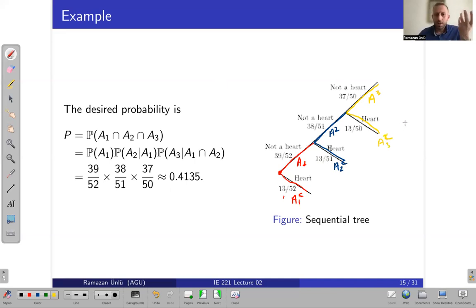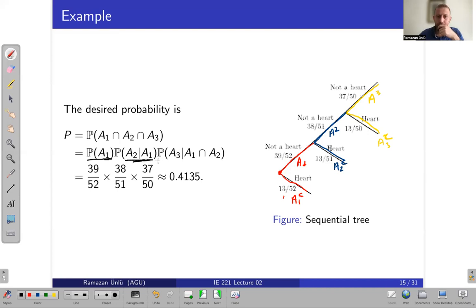By using the multiplication rule, remember that we want to calculate the intersection of A1, A2, and A3, right? So remember the multiplication rule. We want to calculate the probability of A1, times this one given A1. That means A1 has occurred, and then A2 will occur.